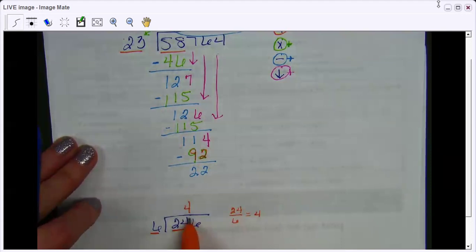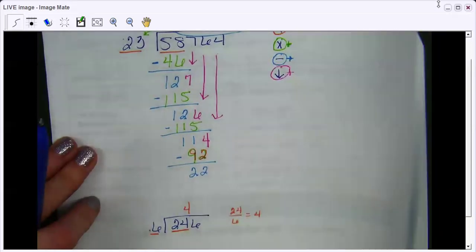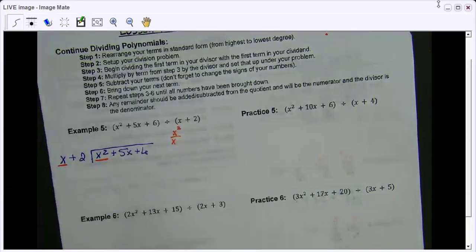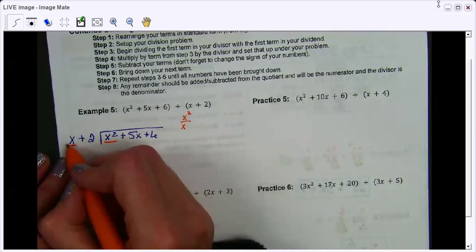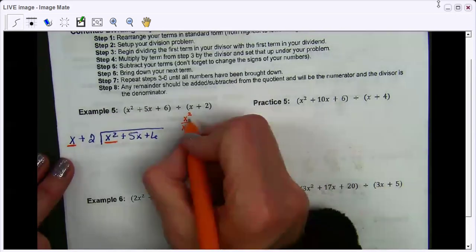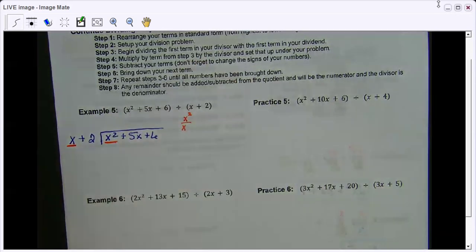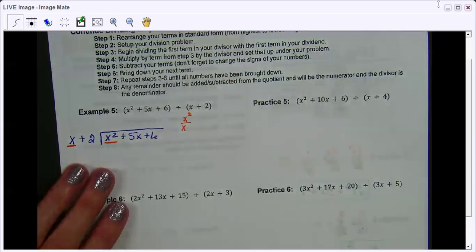So we're taking this portion of the dividend and dividing it by the divisor. We're taking the first term in the dividend and dividing it by the first term in the divisor. So x squared divided by x, and we just did this on the other side.